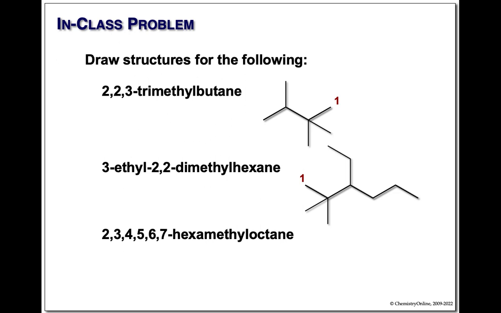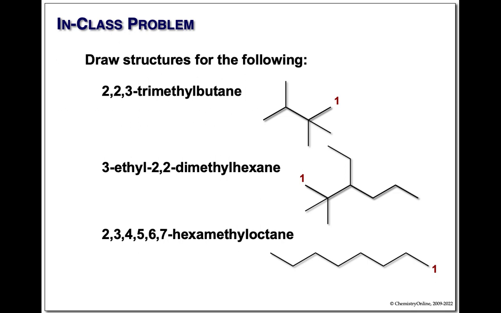Do your last one. It's an octane, so 8 carbons in a zigzag. And choose one end or the other to be carbon 1. Now we're going to have 6 methyl groups on this chain.